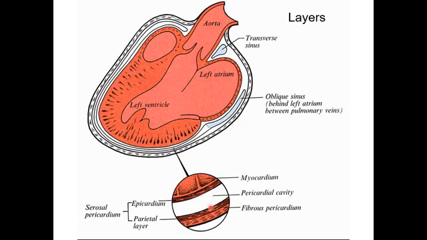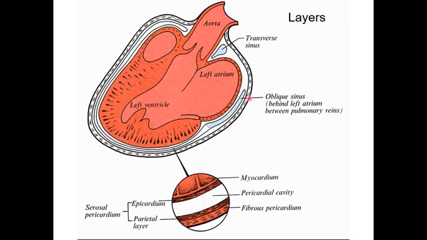Then we have the pericardial cavity and the two layers of the serous pericardium, parietal and visceral. ومثل البلورا والبريتونيوم, visceral pericardium هو يعتبر جزء من الهارت, ولهذا يطلق عليه اسم آخر نسميه epicardium. Epicardium means visceral pericardium, and this is the pericardial cavity filled with the pericardial fluid.